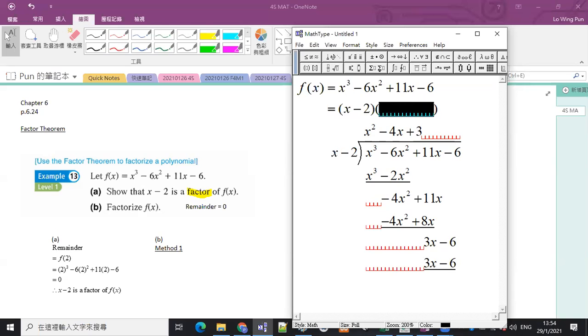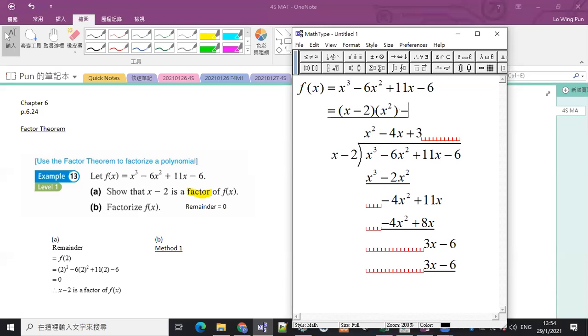Should be the quotient. So that should be x squared minus 4x plus 3. Right? X squared minus 4x plus 3. Can you get this? Okay, but that's not the end, because this quadratic expression may be further factorized. Okay, may be able to further factorize sometimes. Sometimes it is factorizable.